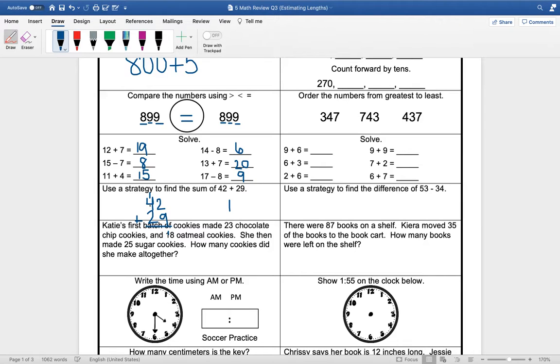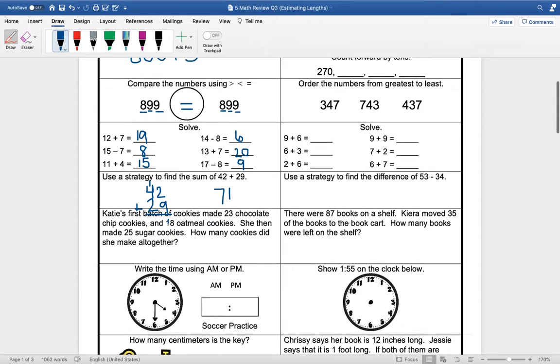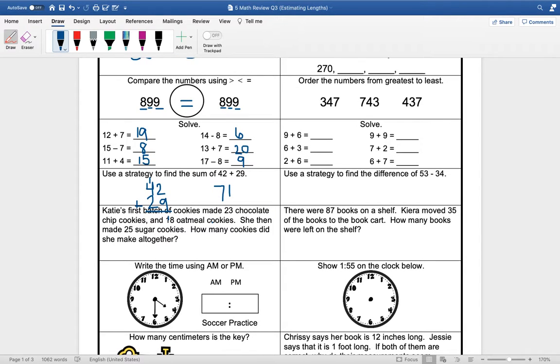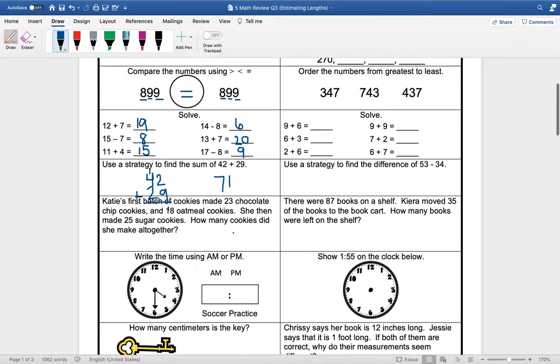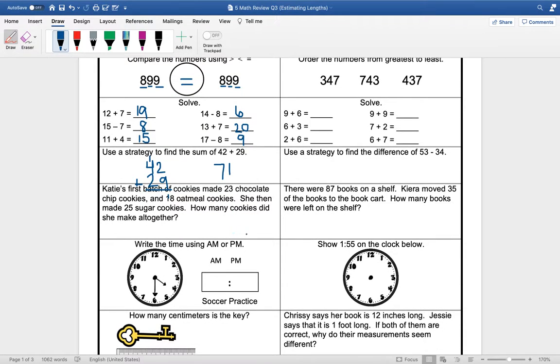Carry the 1 for the tens place. And it would be 1 plus 4 plus 2, which is 7. So the sum of 42 and 29 is 71. And you could use any addition strategy with regrouping that you would like.